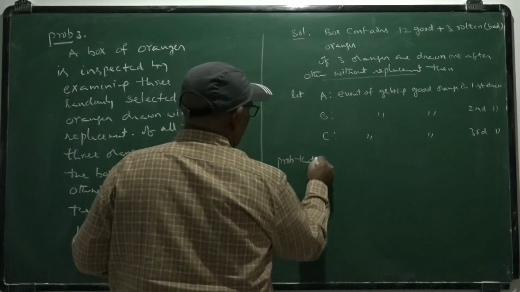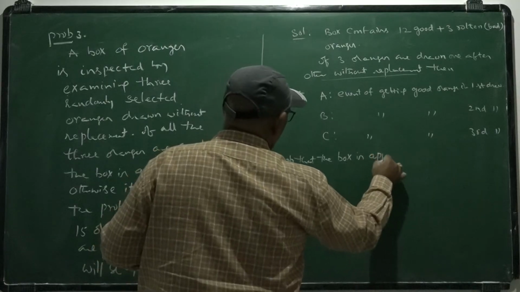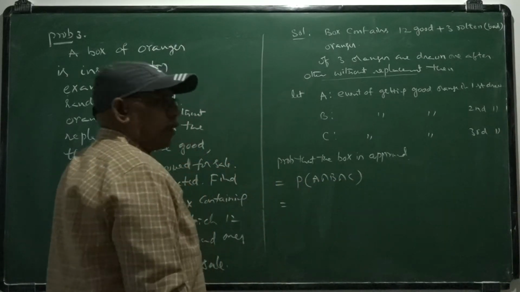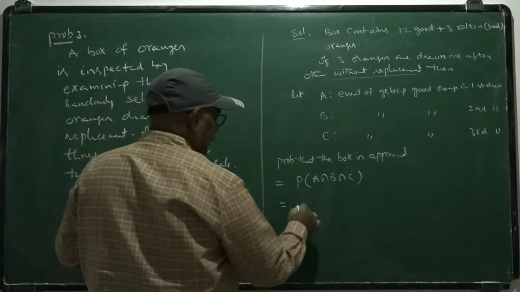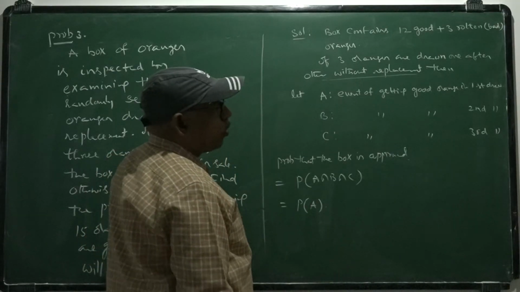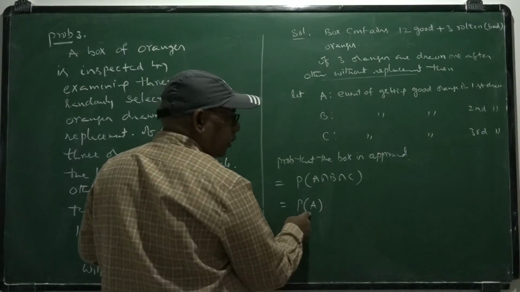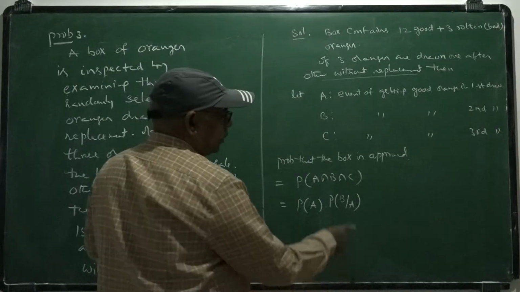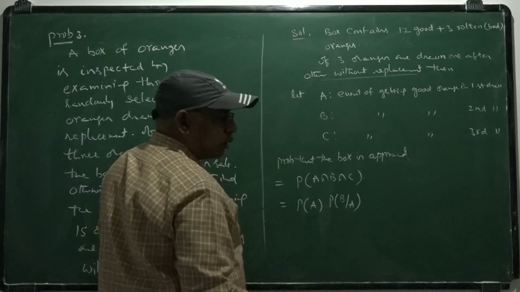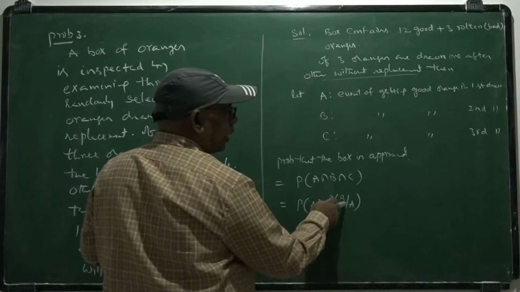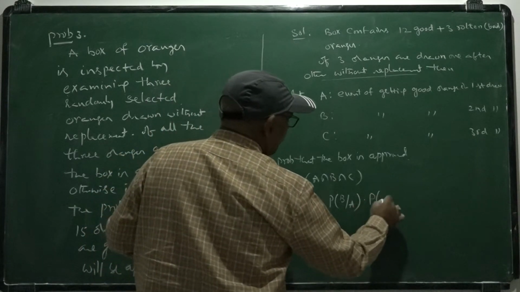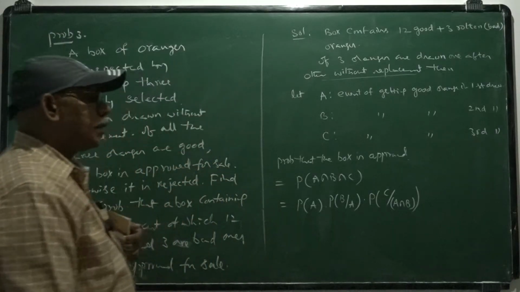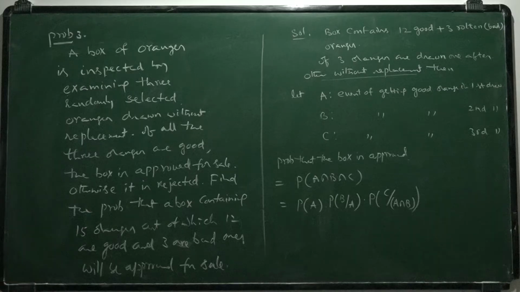So the probability that the box is approved equals the probability of A intersection B intersection C. That is the probability of a good orange in the first draw, times the probability of B given A, that is getting a good orange in the second draw without replacement of the first, times the probability of a good orange in the third draw once A and B have happened, by the multiplication rule of probability for 3 events.